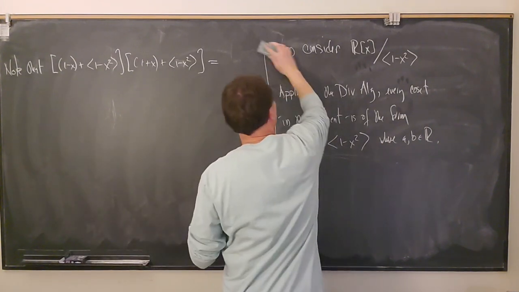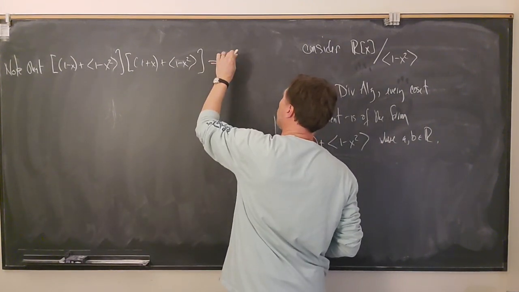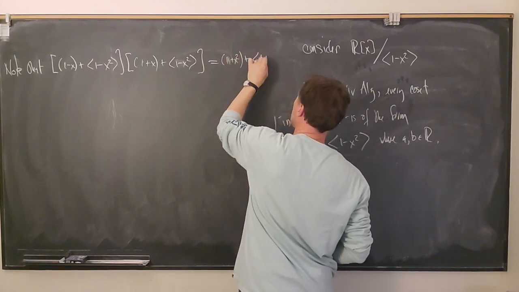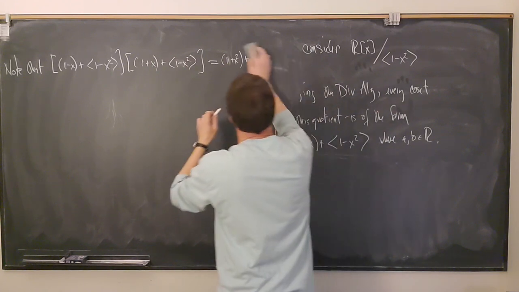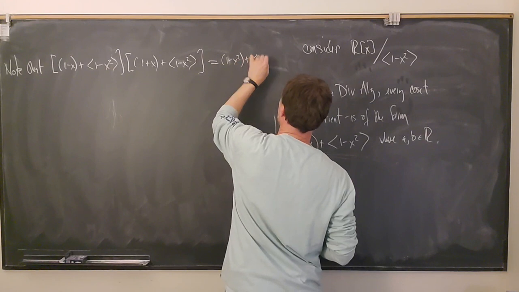So it's equal to 1 minus x squared plus the ideal generated by 1 minus x squared.